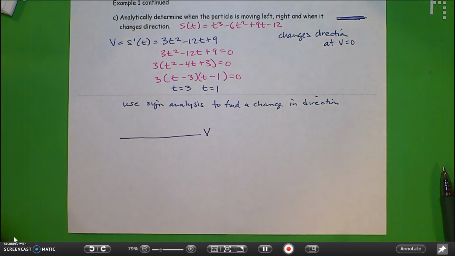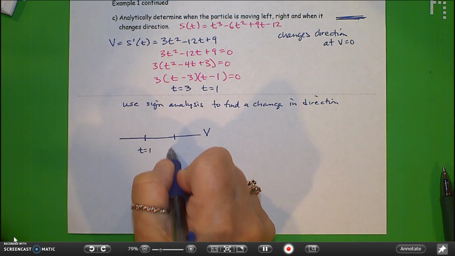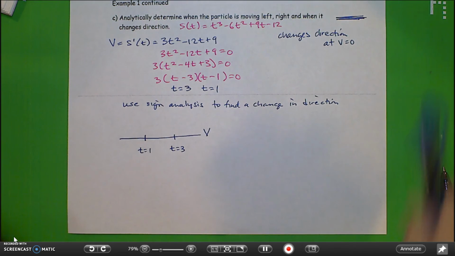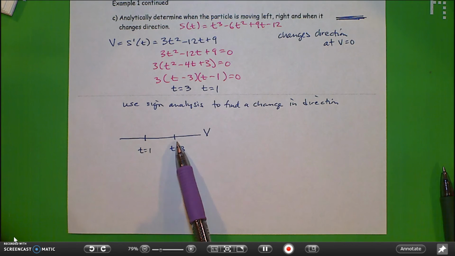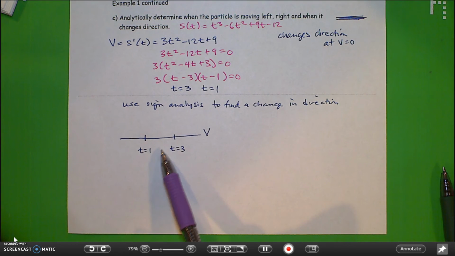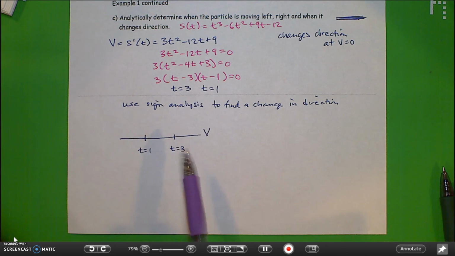I'm going to be concerning myself with the velocity, and my 2 breakpoints are t equals 1 and t equals 3. Those are my points of interest. So all I have is 3 intervals. There are no other places where we could change directions, because that's going to occur only when the velocity is 0. So these are the only places. So I have 3 intervals to concern myself with.